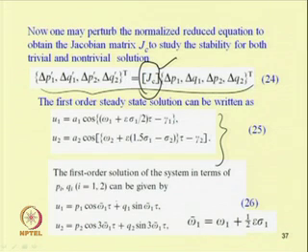Or these equations can be written in terms of P 1 and P 2 in this form: U 1 equal to P 1 cos omega 1 bar tau plus Q 1 sin omega 1 bar tau, and U 2 equal to P 2 cos 3 omega 1 bar tau plus Q 2 sin 3 omega 1 bar tau, where omega 1 bar equal to omega 1 plus half epsilon sigma 1. In this way one can find the first order solution, and one can plot the solution to find the response of the principal parametric resonance case.